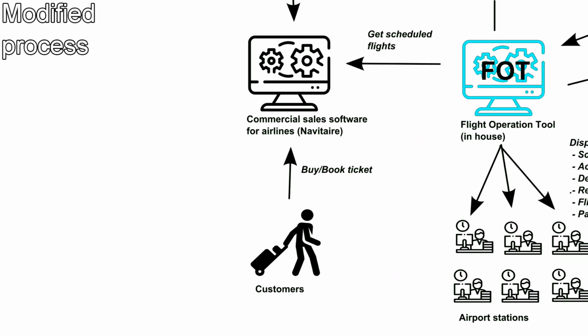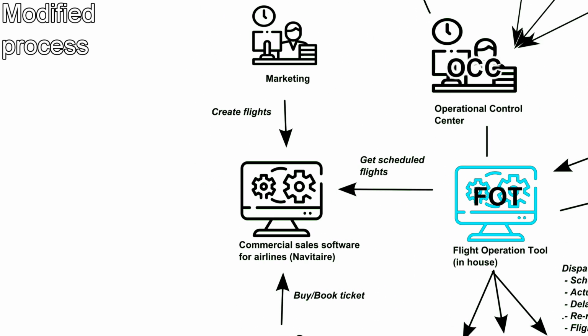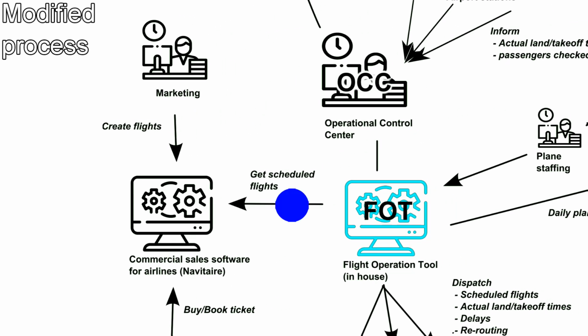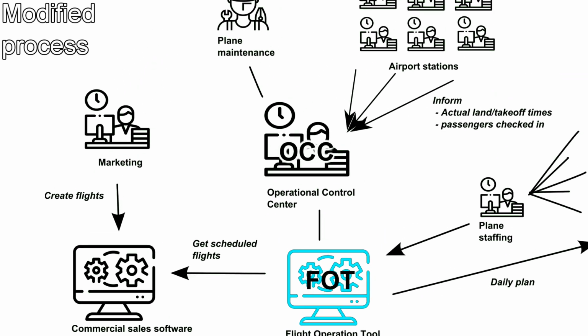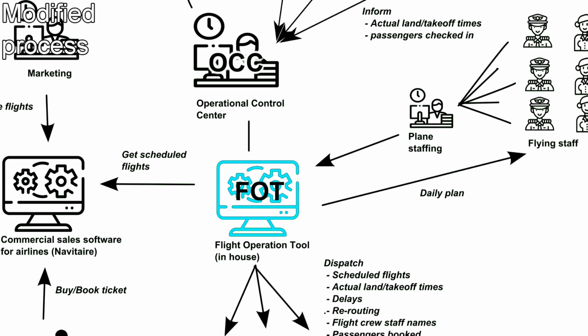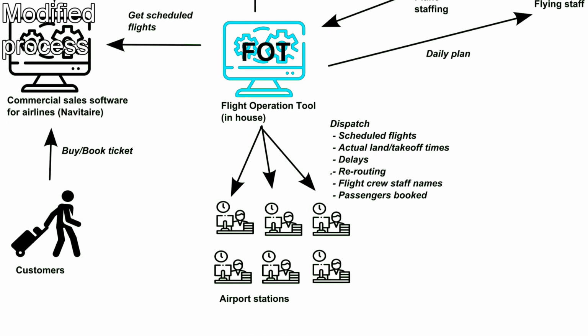Customers still buy tickets like before, from flights created like before. But then, scheduled flights from the sales software can be imported in a few clicks without manual data entry in the FOT. The airport stations this time mostly push information to the OCC. And OCC can inform all stations, flying crews, and management by simply updating the FOT software.